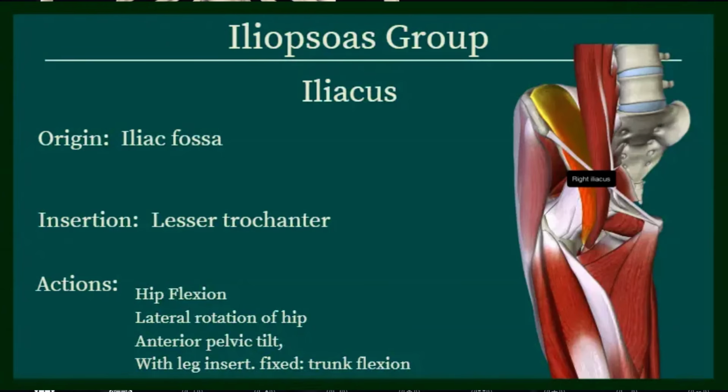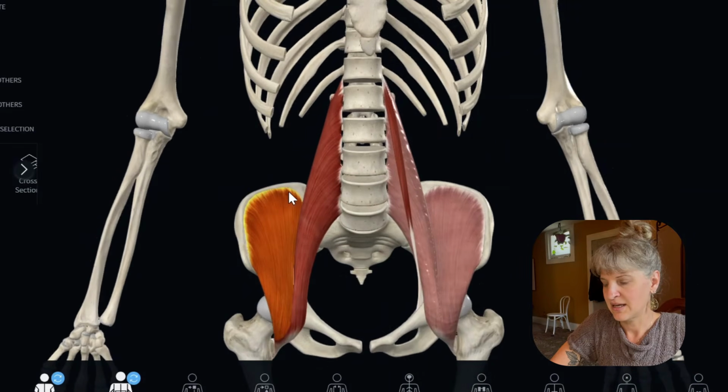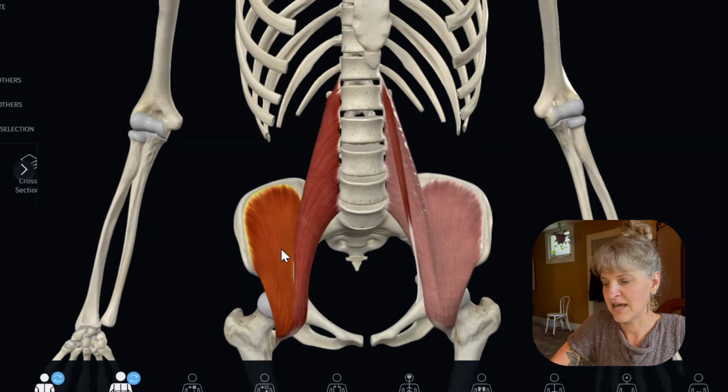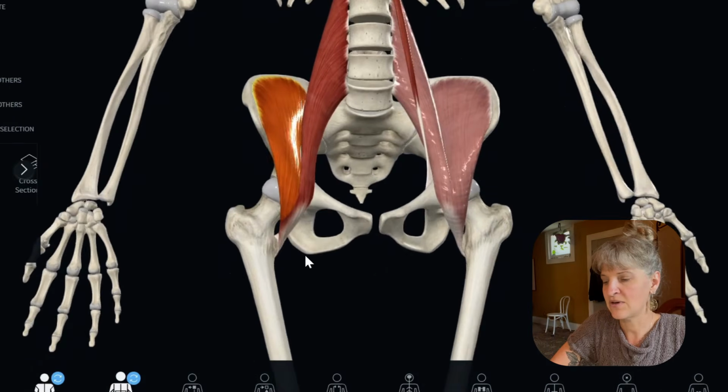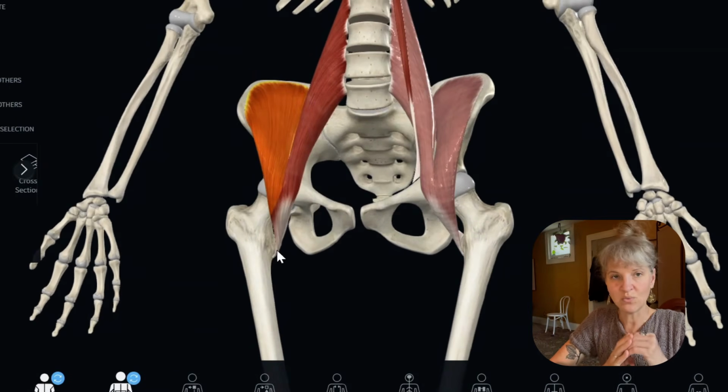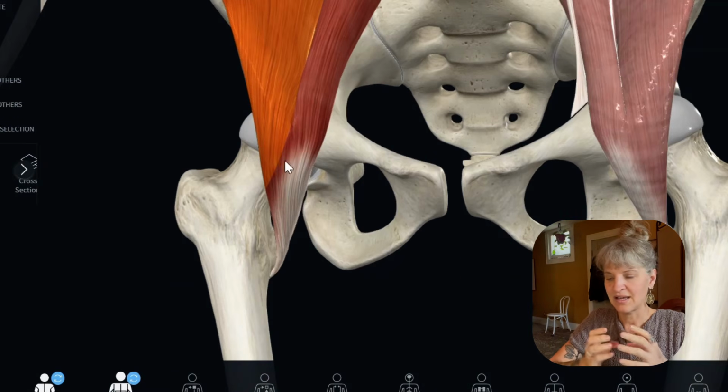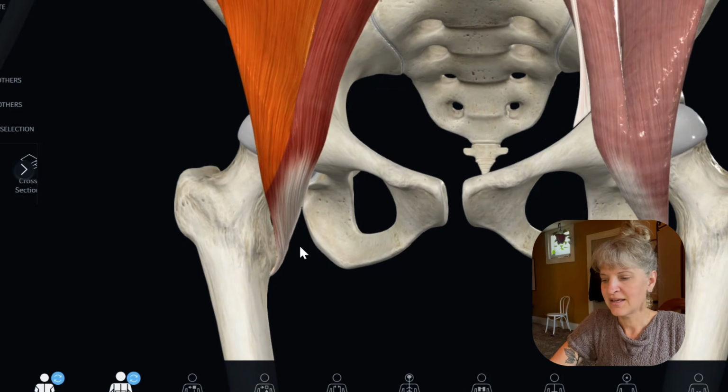That's the muscle that spreads all the way around the medial part of the iliac. They call it the iliac fossa, which is the inside part of the iliac. And then it comes down and it melds with psoas. I would call it the iliopsoas tendon, essentially, to attach to the lesser trochanter.